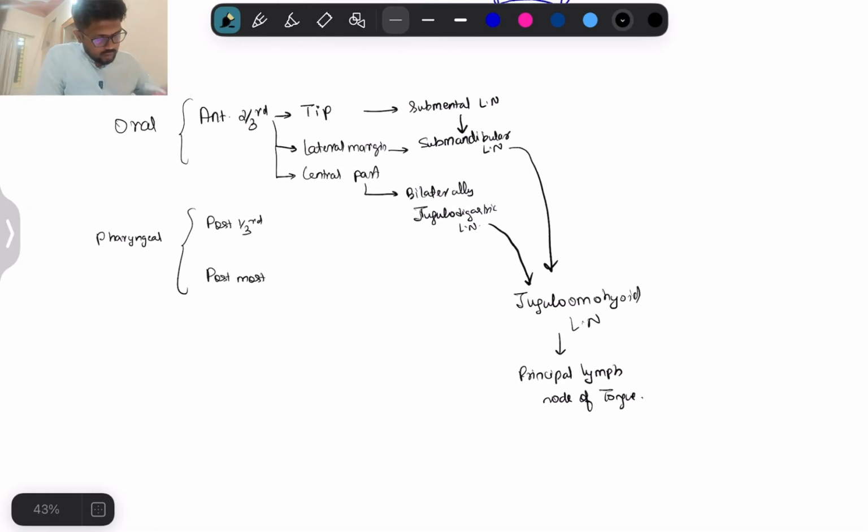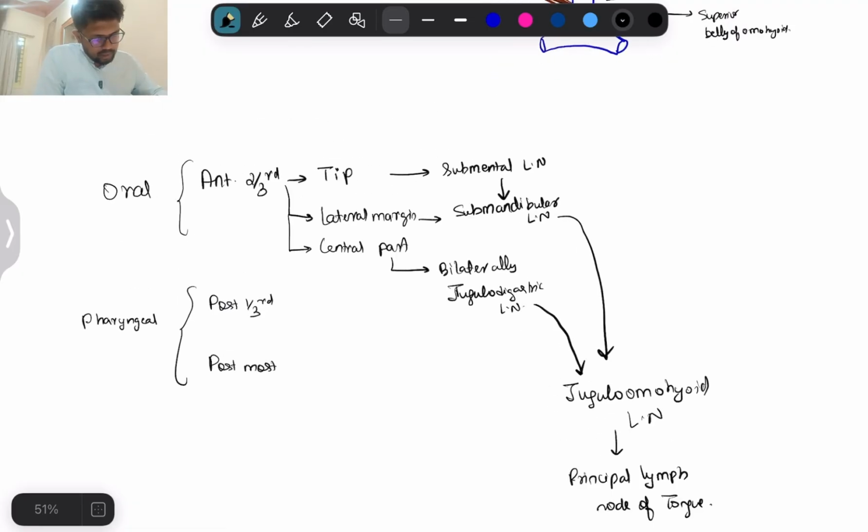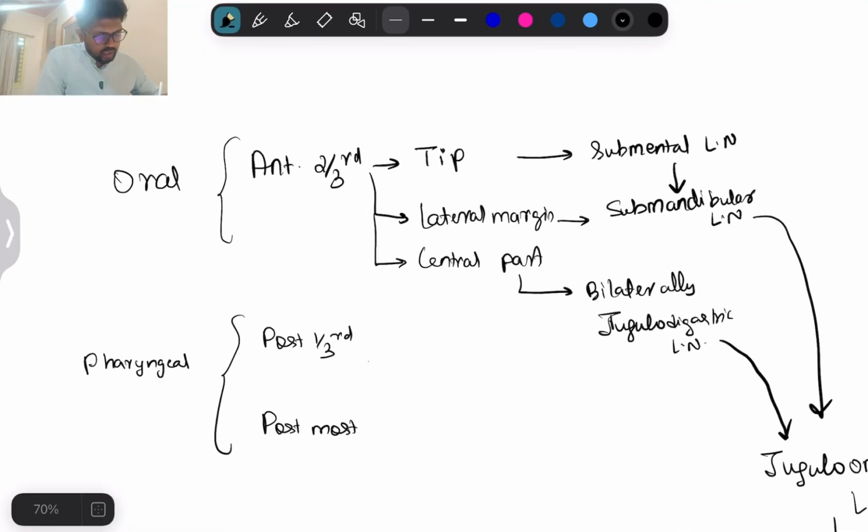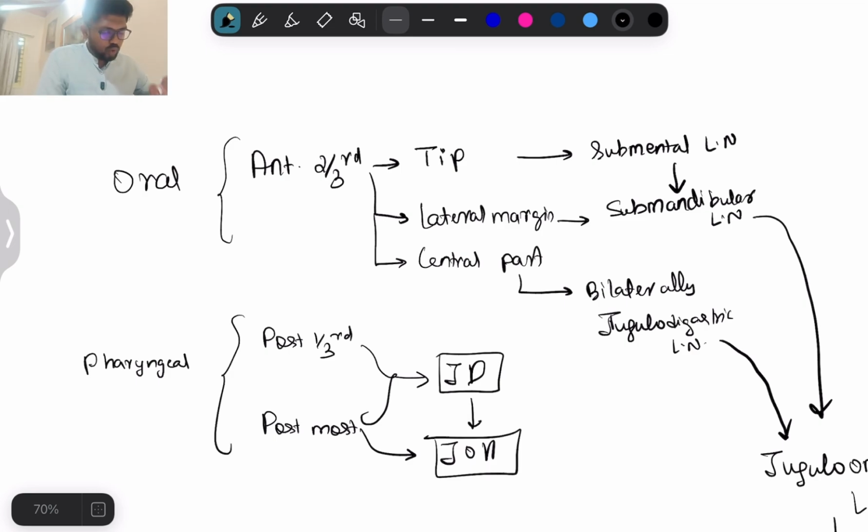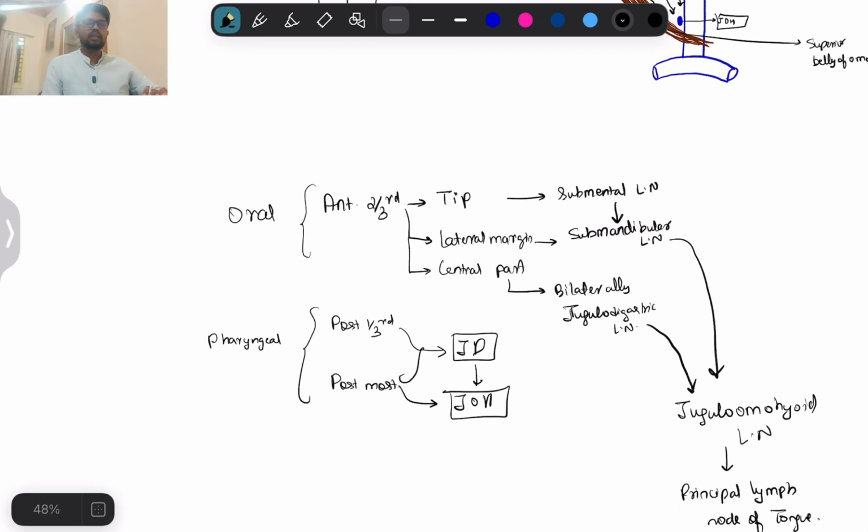To complete this, the posterior one-third and posterior most part: some will drain into the jugulo-digastric and some into the jugulo-omohyoid. The part draining to the jugulo-digastric will ultimately drain into the jugulo-omohyoid group. In this way we have completed the lymphatic drainage of the tongue.